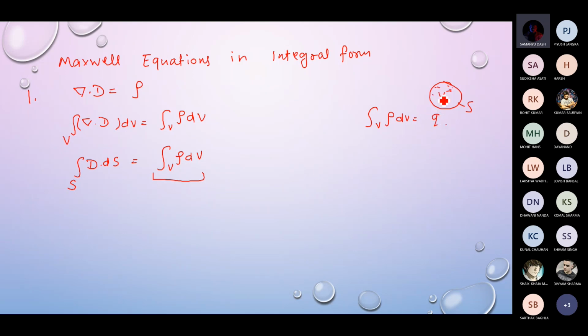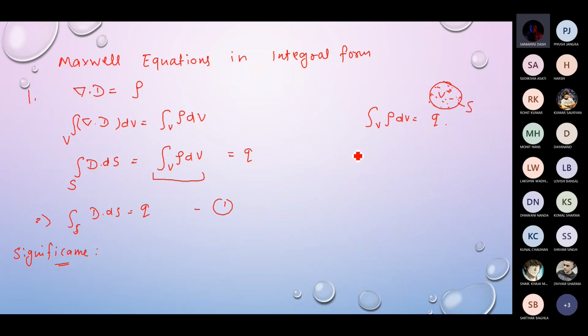This is the entire charge enclosed within this surface, which has volume V and is bounded by the surface S. So the surface integral of D dot dS is equal to Q, which is the Maxwell first equation in integral form, and its significance is this: the net outward flux of the electric displacement vector through the surface S, which is enclosing a volume, is equal to the net charge contained within that volume.